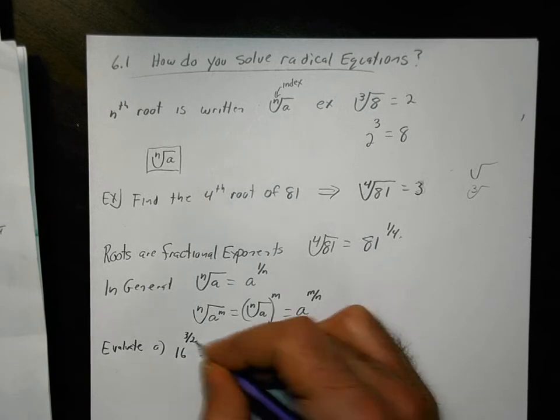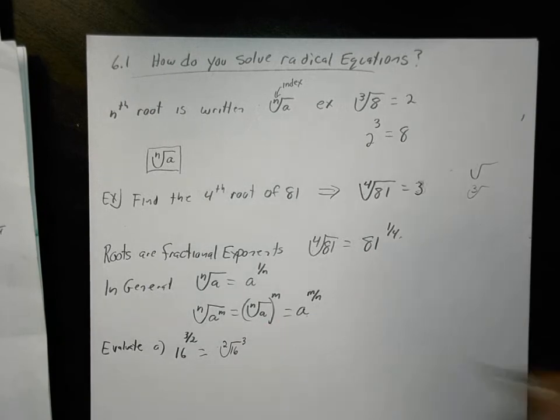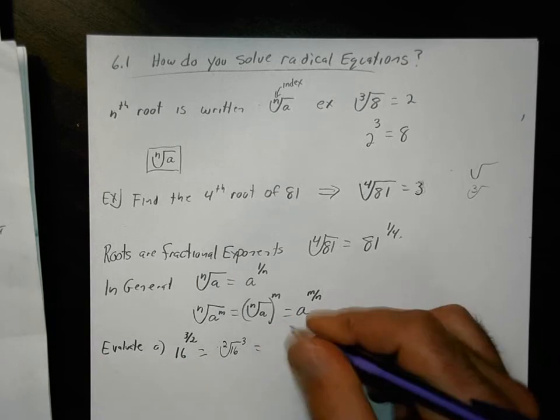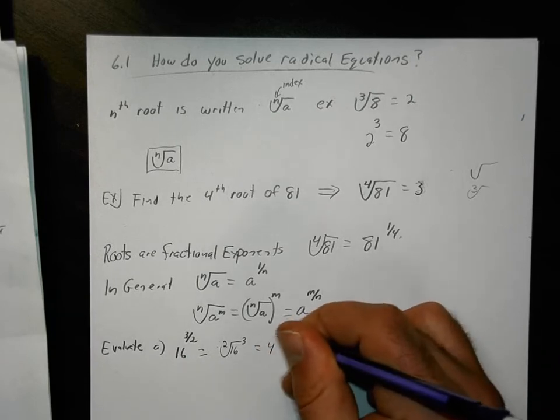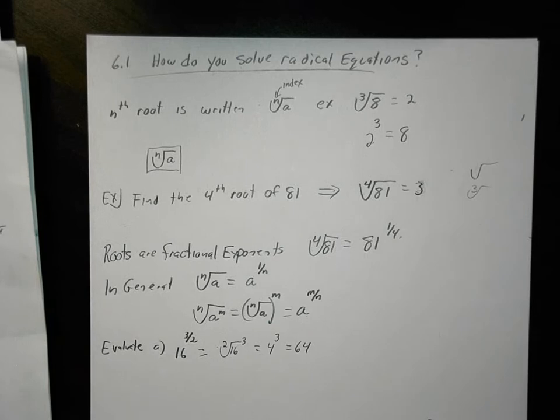So it's going to be, this is my root, so it's the square root of 16 cubed. Typically you want to do the root first. So what's the square root of 16? That's 4. So this is 4 cubed, which is 64. So we can evaluate that without using a calculator.